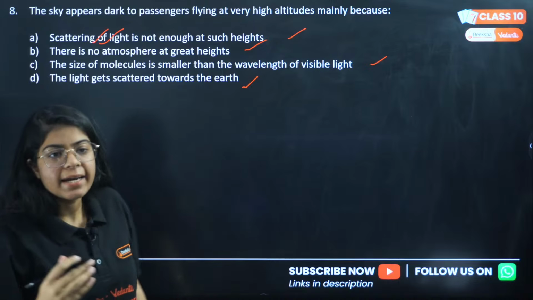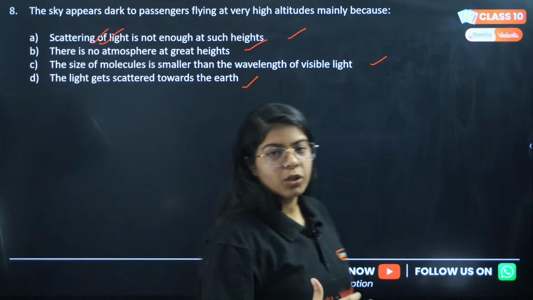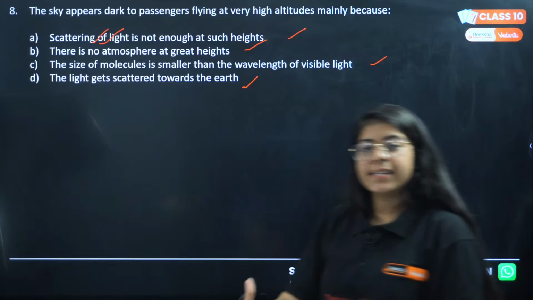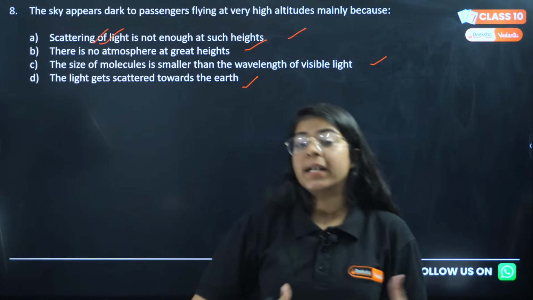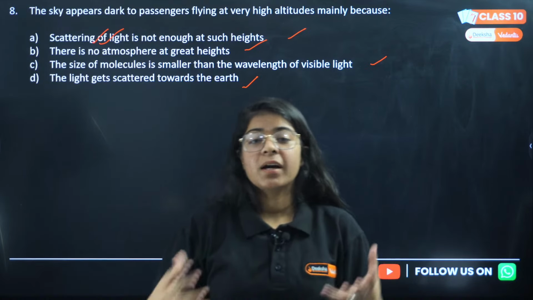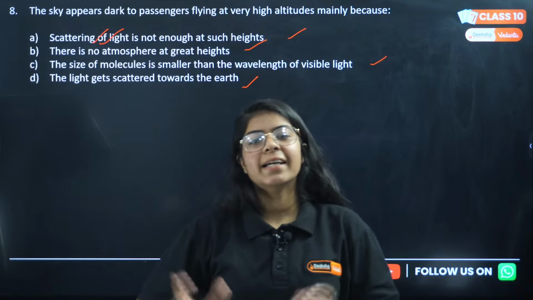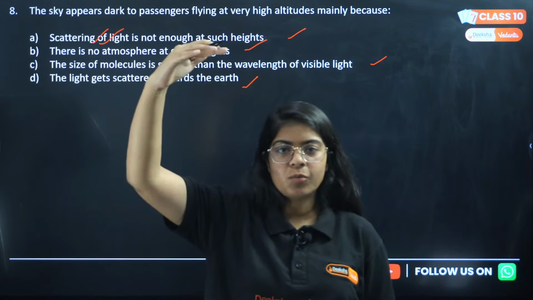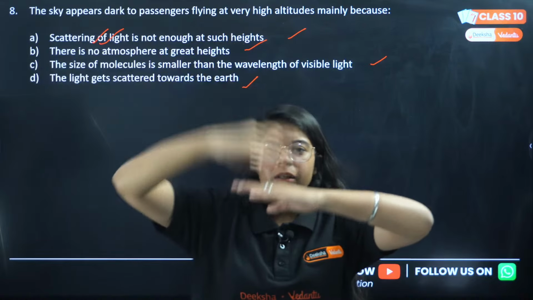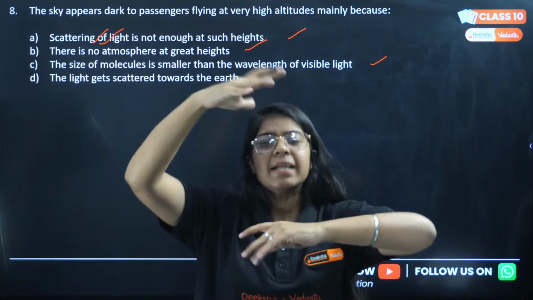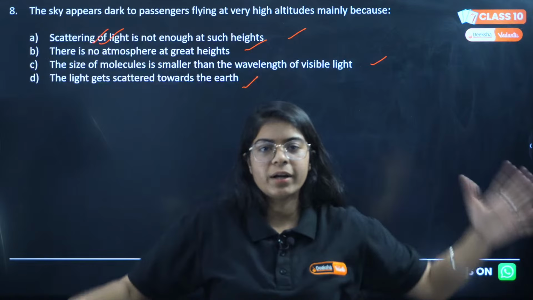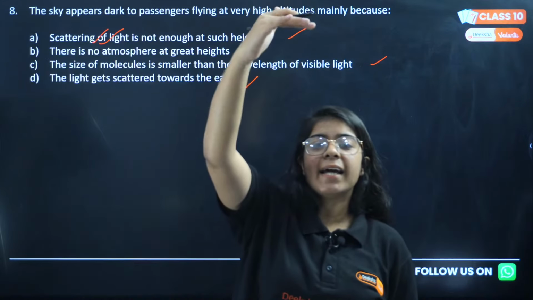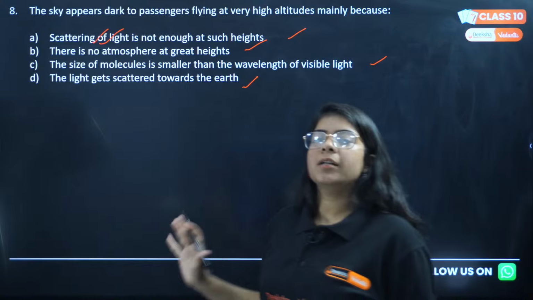At great heights, as the light is coming towards Earth, there are molecules increasing. As the atmosphere particles or the molecules increase, the light gets even more scattered. So at such heights there are 100 molecules, and as you come in between there are also molecules and particles, right? So the light keeps on scattering more and more. At great heights the light is not that much scattered.